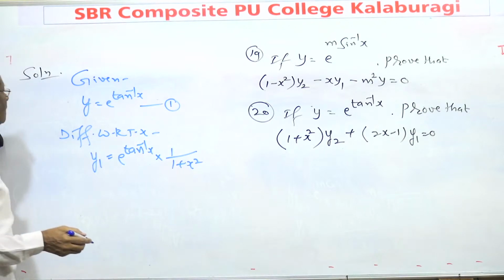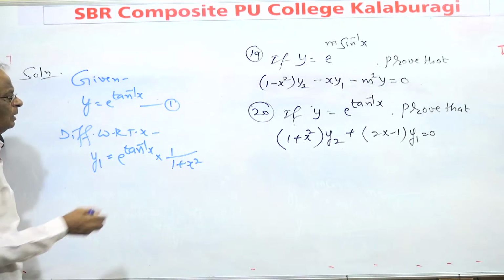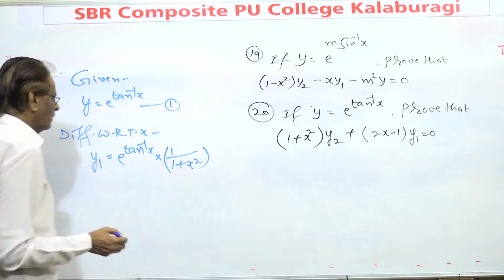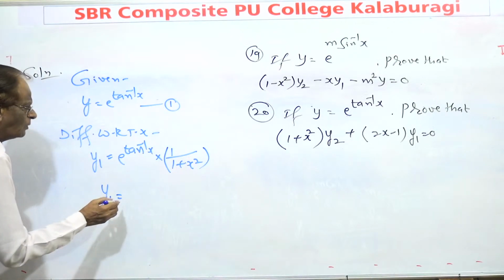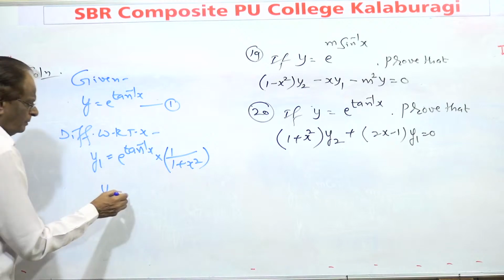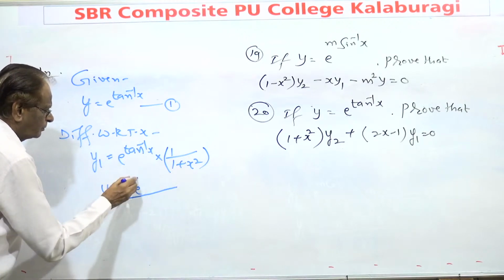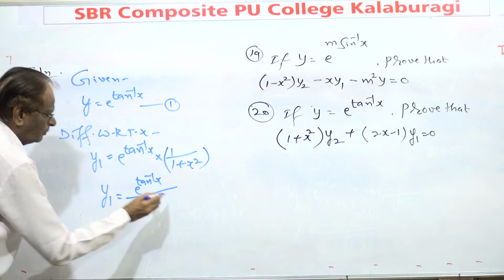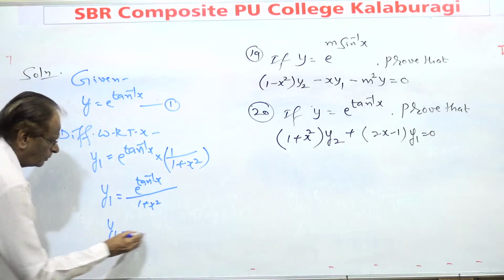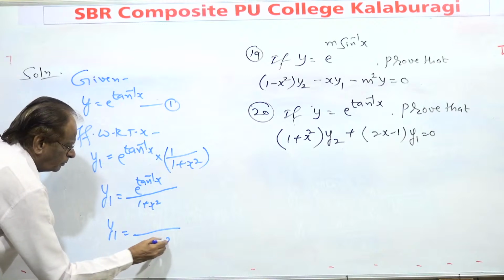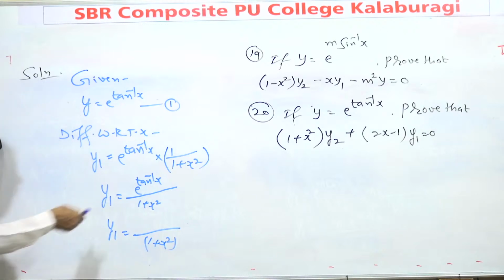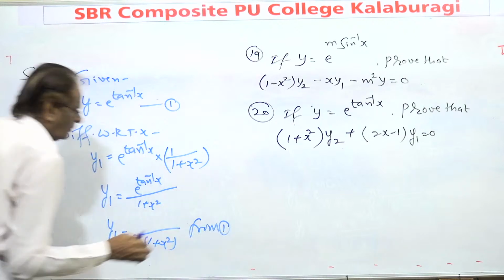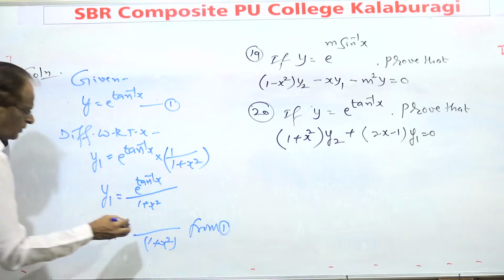First as it is, then differentiate power, differentiation of tan inverse x, 1 by 1 plus x squared. Replace e to the power of tan inverse x from 1. This e to the power of tan inverse x is y.